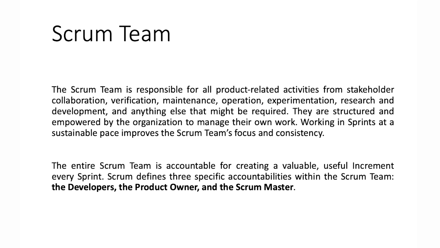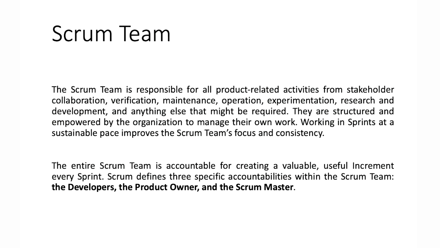So the Scrum team is responsible for all product-related activities, from stakeholder collaboration, verification, maintenance, operation, experimentation, research and development, and anything else that might be required. As you can see, the Scrum team is responsible for all product-related activities.